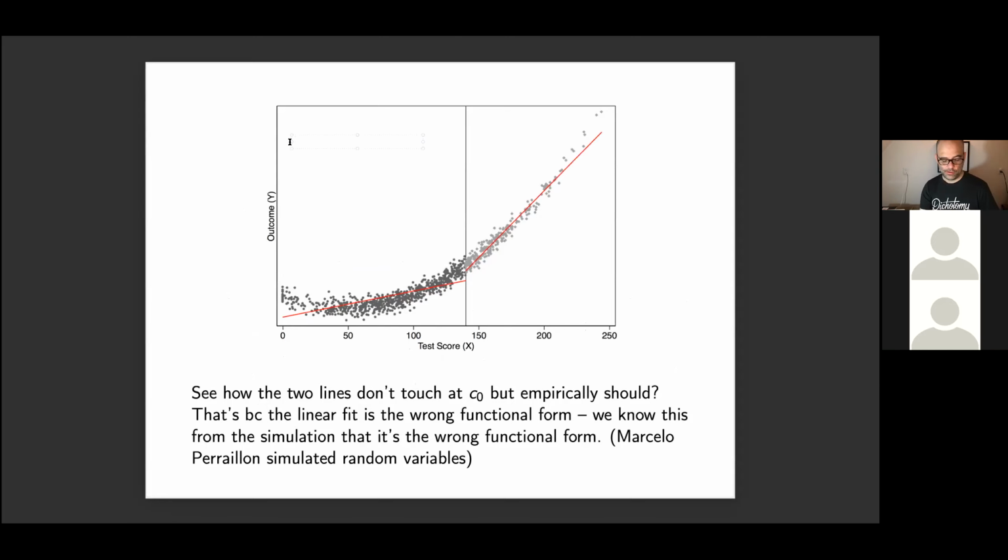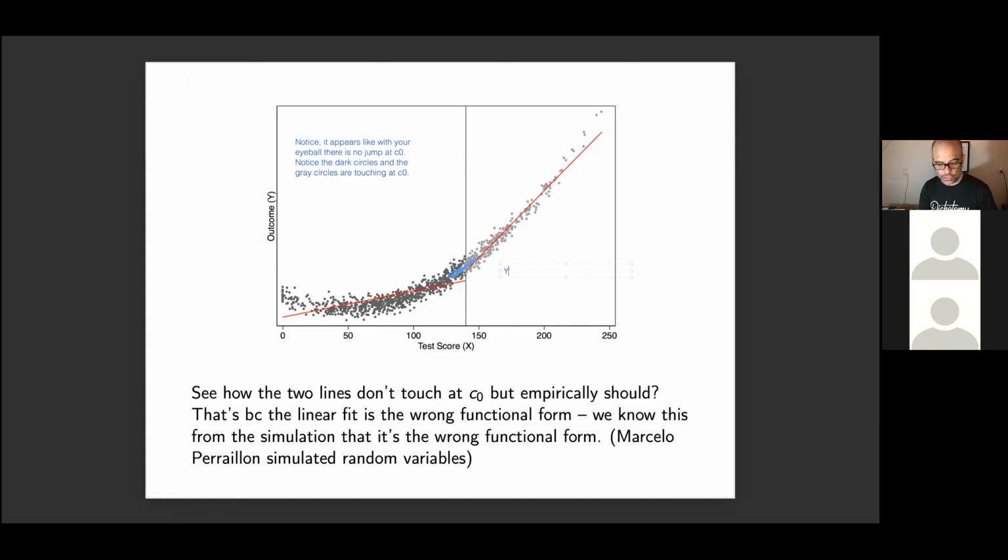Notice it appears like with your eyeball, there is no jump at C0. Notice the dark circles and the gray circles are touching at C0 right here. Right? Looks like they're touching. It looks like there actually is no estimated gap.